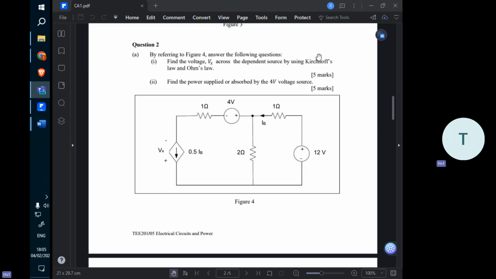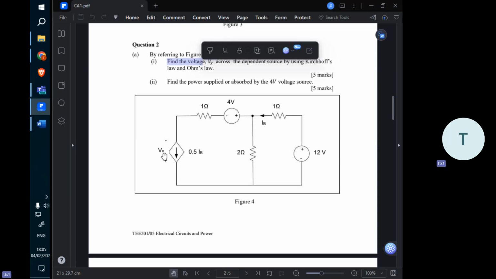So by understanding this, let's read the question. Find the voltage Vx across the dependent source by using the Kirchhoff law. So we have Kirchhoff's current law and voltage law, and also Ohm's law. Using these three to find the Vx. Vx is unknown right now.